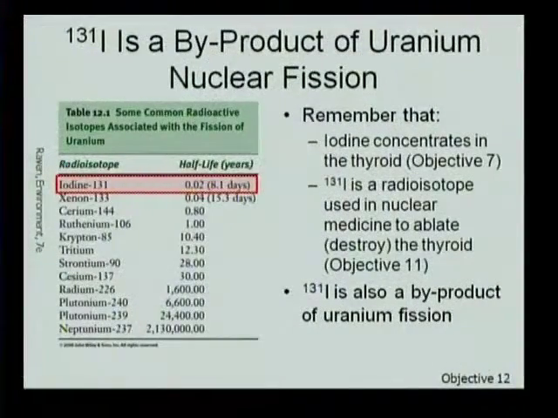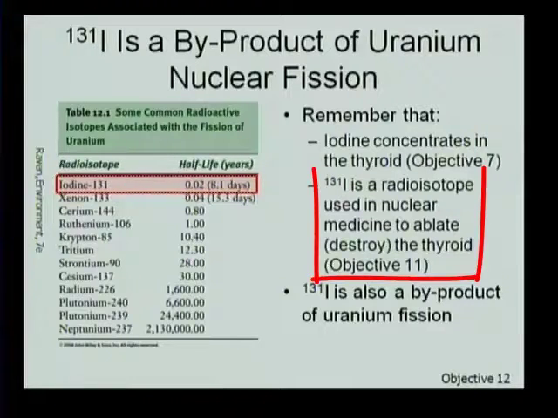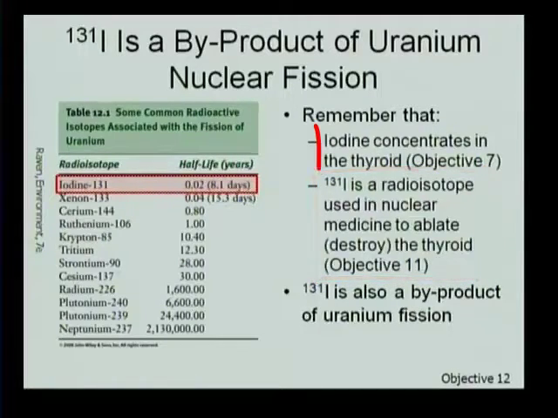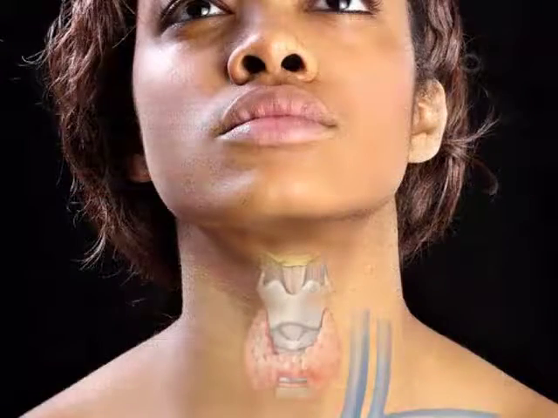iodine-131. You may remember on an earlier slide we saw iodine-131 as one of the atoms that's used in nuclear medicine. In nuclear medicine, in humans, we use iodine-131 because it concentrates in the thyroid. Remember, if we go back to our table, iodine is used for making thyroid hormone. It concentrates in the thyroid gland.